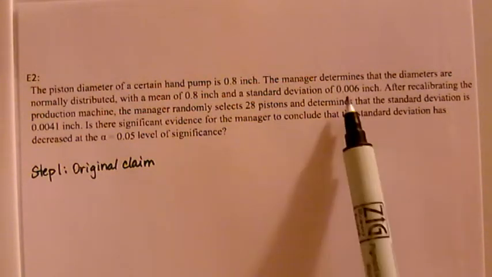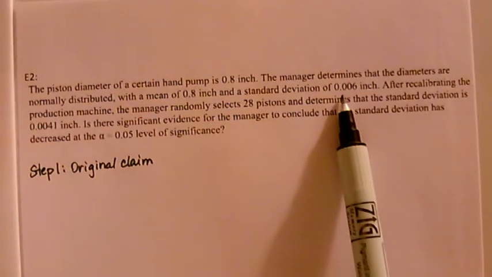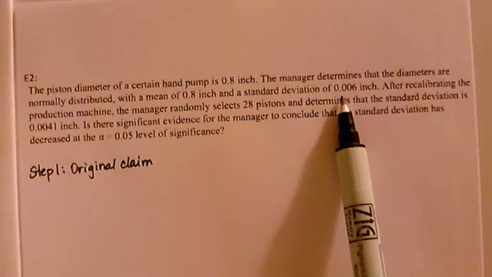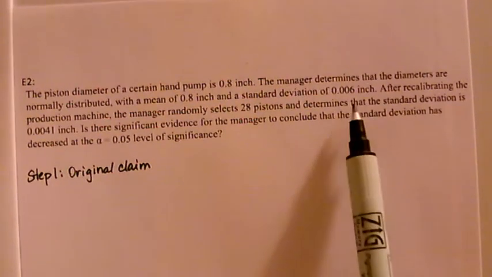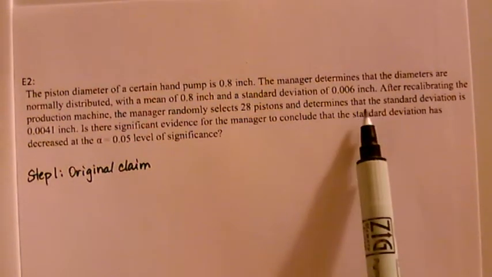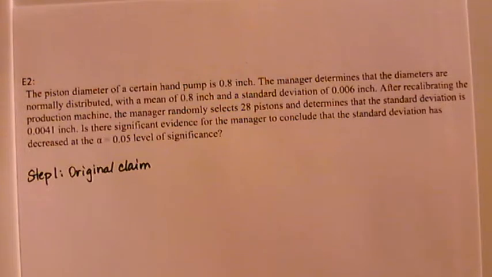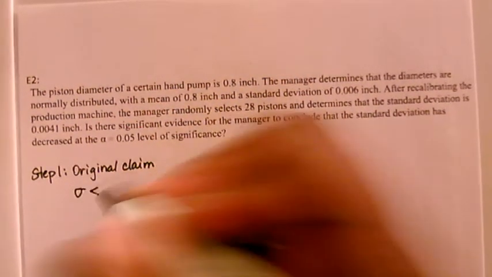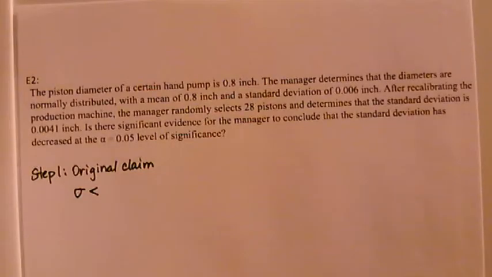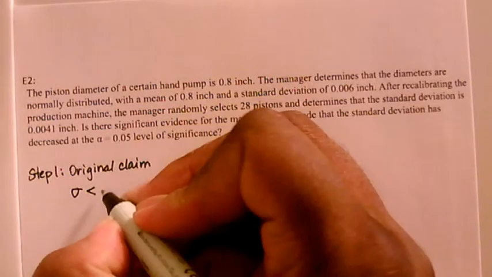In other words, that the diameters have a standard deviation of 0.006 inches. That's going to be your original claim. So that means sigma is less than. If it's decreased, it means less than 0.006.